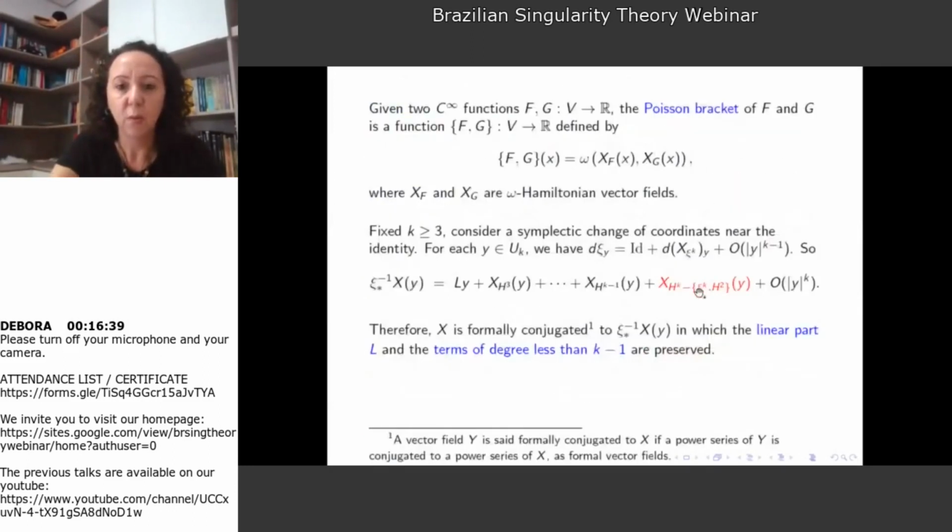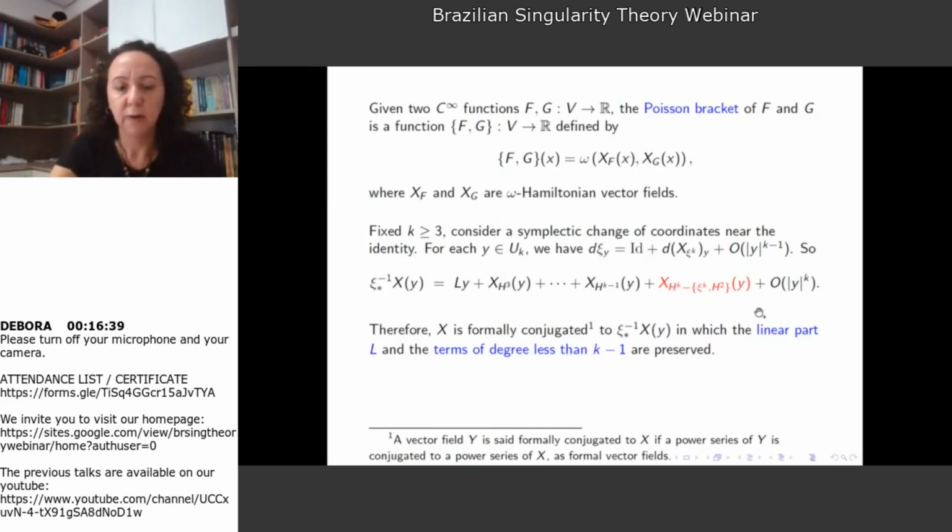And what is the definition of the Poisson bracket of two functions? If you have two functions, the Poisson bracket of f and g is a function defined as the bilinear form applied to X_f at the point x and X_g at the point x, where X_f and X_g are the Hamiltonian vector fields associated to the functions f and g.